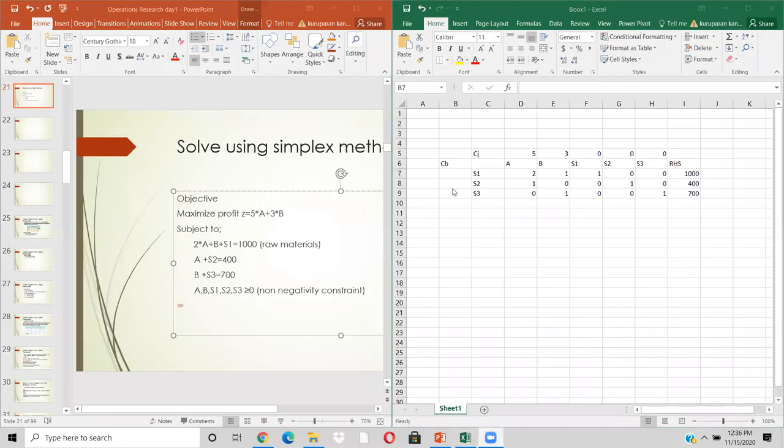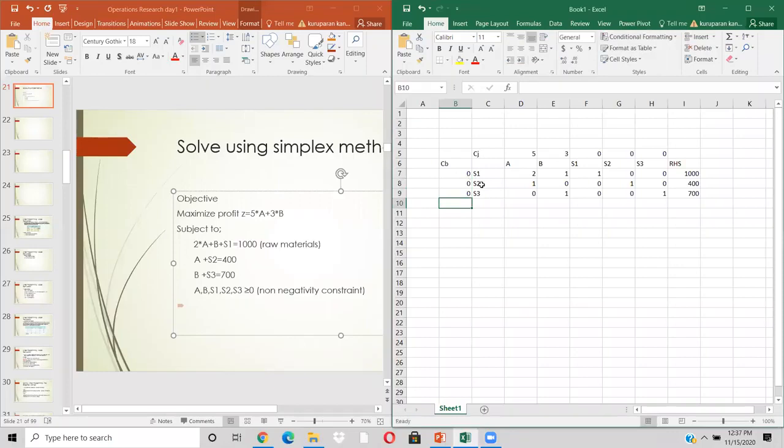What is the coefficient of S1 in the objective? Zero. Similarly for S2, 0, and for S3 also 0.